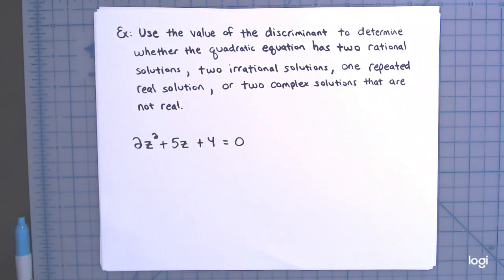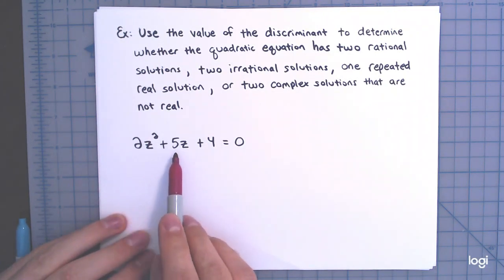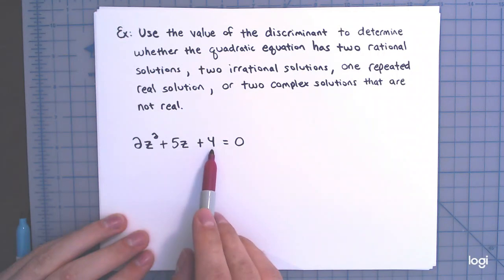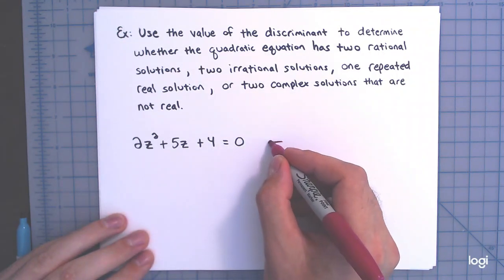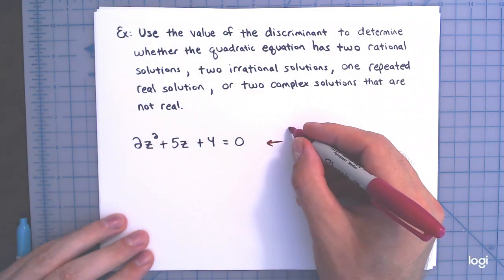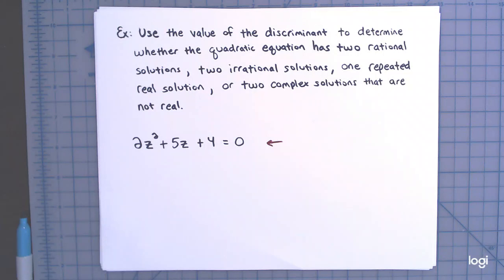All right, so here I'm given in this example, 2z squared plus 5z plus 4 equals 0. This is the way I need this to start, right? In order to use the discriminant, it's just like the quadratic formula. The discriminant is part of the quadratic formula. It's the radicand of the radical symbol.